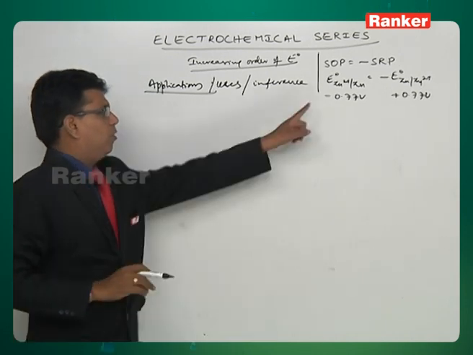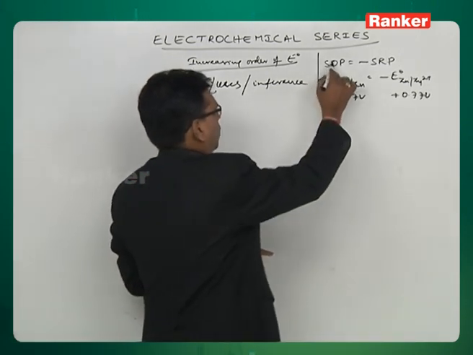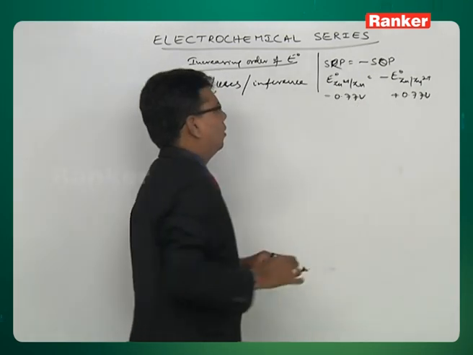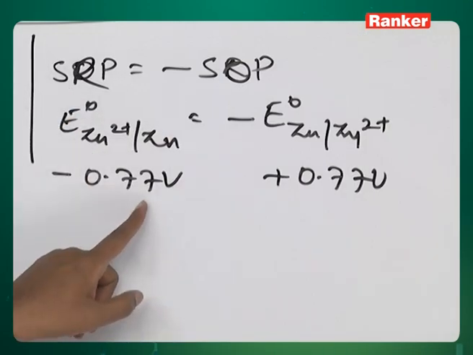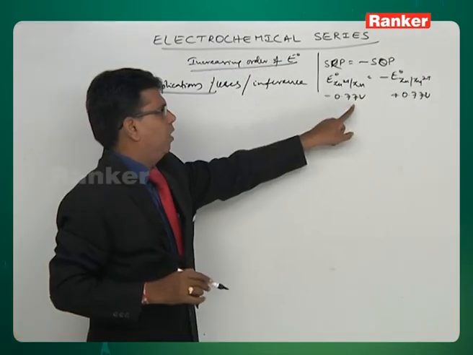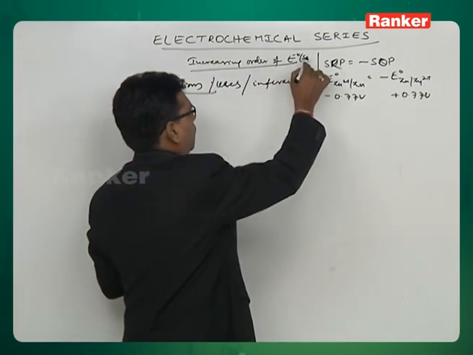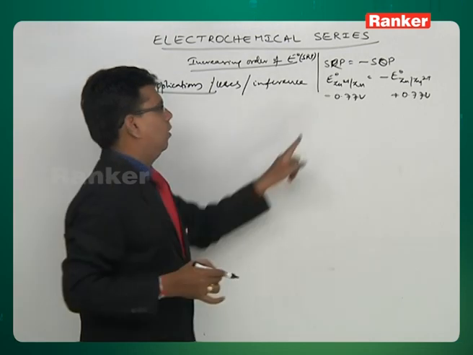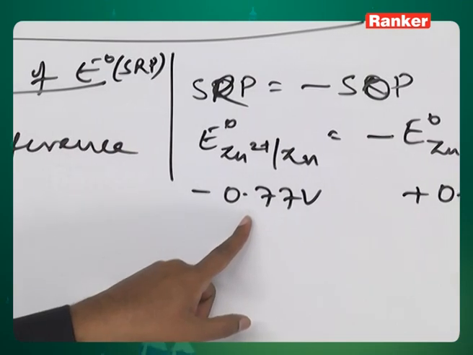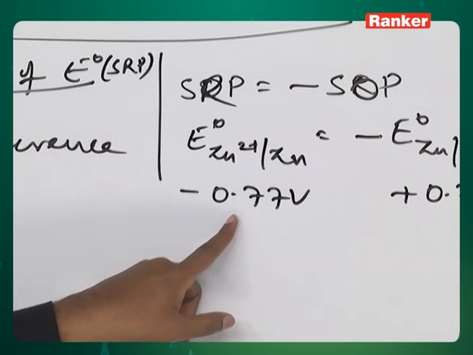So, SRP is minus 0.77. What we are talking about is always increasing order of E naught, meaning SRP.